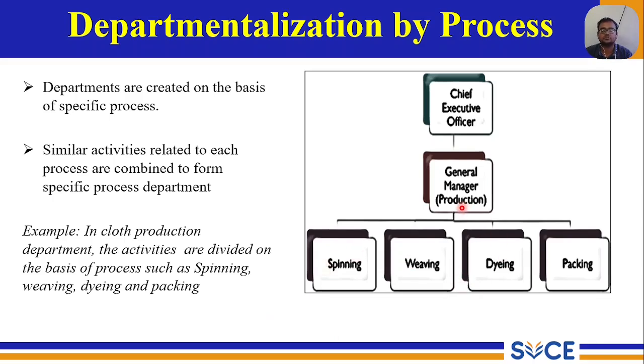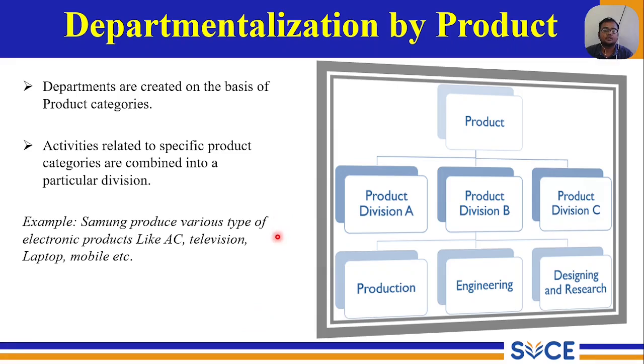These are similar activities related to the process, and they are combined to form this department called the production department. The next categorization is departmentalization by product. It is purely based upon the nature of the product, and they do not look at the process involved. A good example is how Samsung entered the market. They entered the market only through their mobile phones. Now you can see so many diversified products under the Samsung brand: air conditioners, televisions, laptops, and many other options.